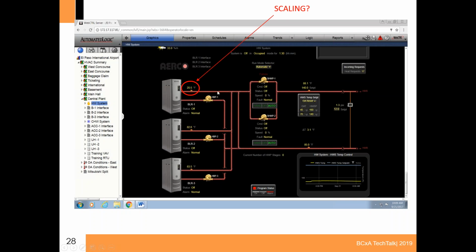All right. This is an airport in Texas. We tested this. You can't see the top of the slide, but it was about 95 degrees. We tested it in the middle of the summer, I think last summer. The boiler plant was shut off. The pumps are off. And the boilers had hot water temperature sensors, and looking here, this temperature on this hot water loop that's off, because it's 95 degrees in El Paso, Texas, shows that it's 20.5 degrees.